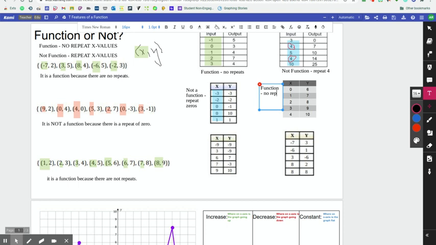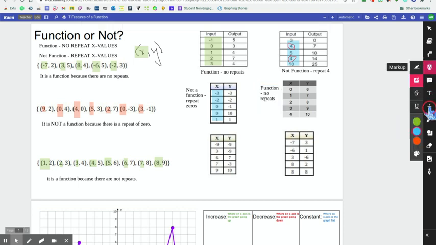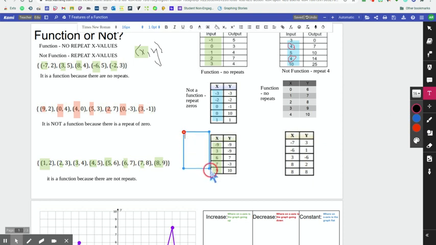Yep, no repeats. No repeats. Let's look at the next one. Tell me about this guy. Why? No repeats. All right, last one.